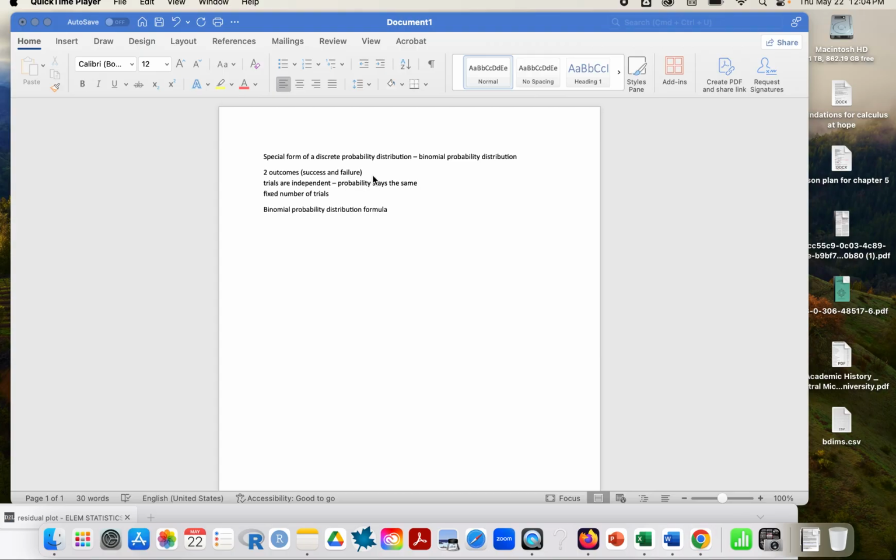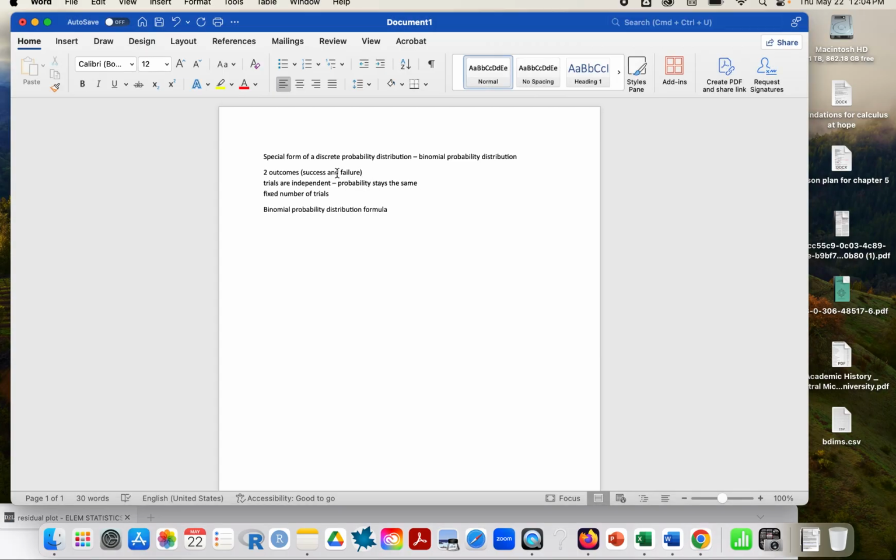Now, success often gets denoted as P, and failure often gets denoted as Q. And there's this relationship that they always talk about: P plus Q is going to add up to 1. So the probability of the success plus the probability of the failure have to sum to 1. Okay, so P plus Q equals 1.